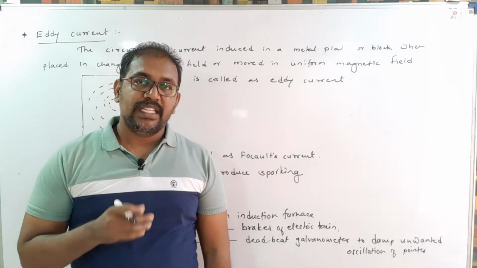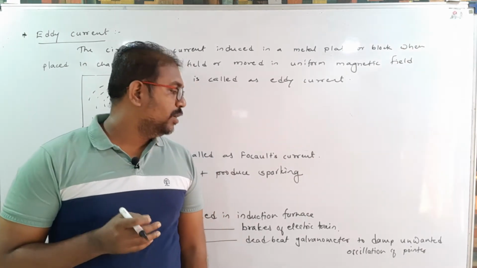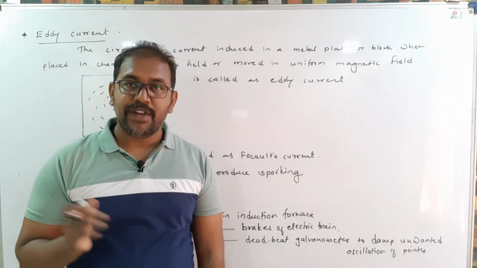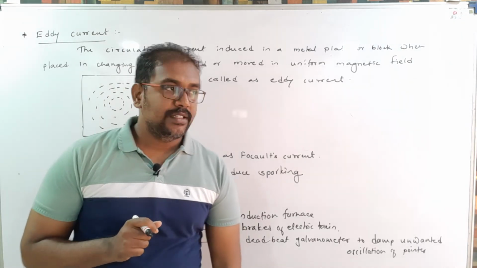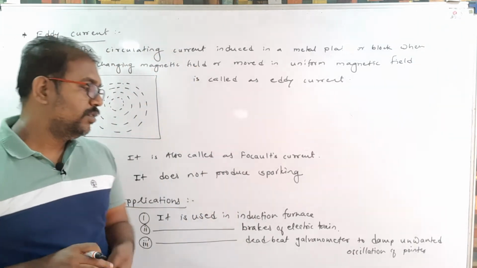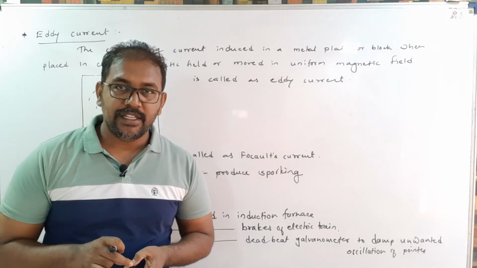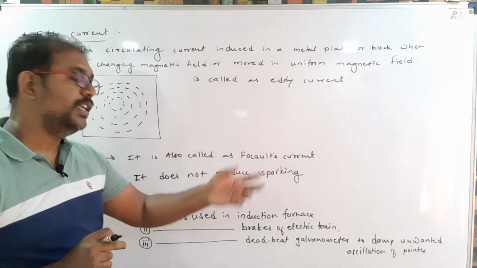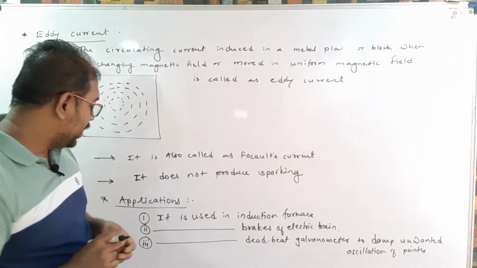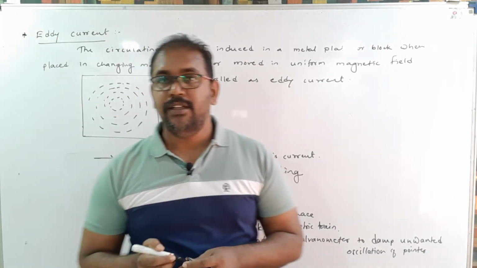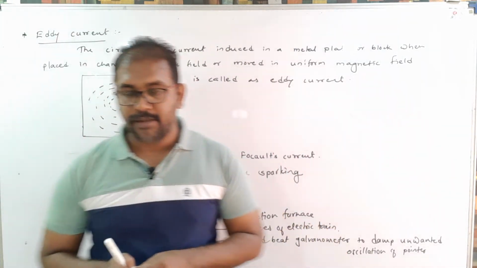If that adjustment is disturbed, the pointer gets unwanted oscillation, and to damp that oscillation, the eddy current adjustment is essential. In a similar manner, eddy current is also used in the speedometer of a vehicle.